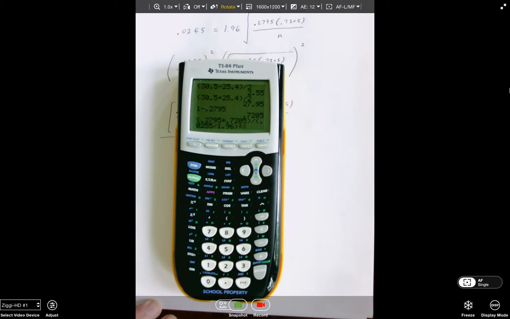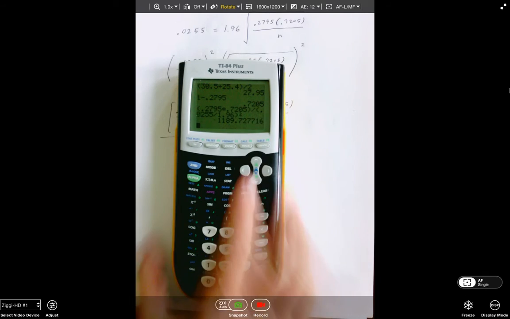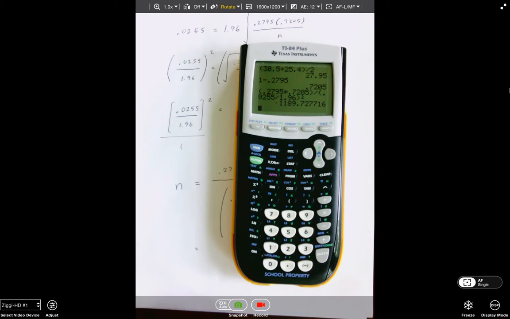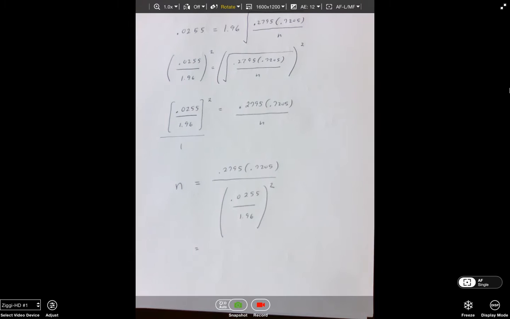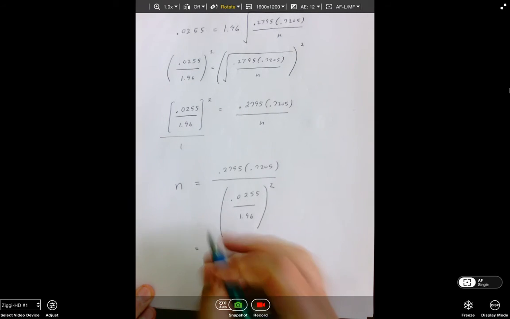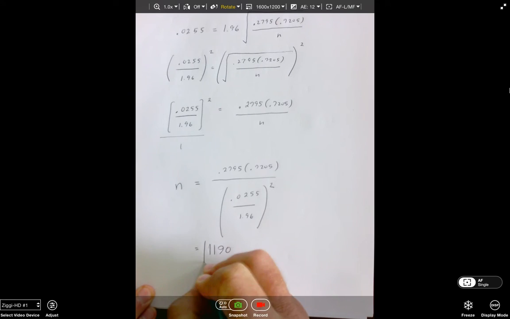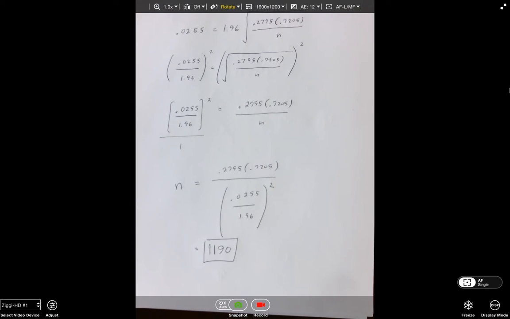You guys will need to square that. So we have 1189. Always round up. So our sample size is 1190. That's an involved problem. That's a tough problem. Takes a little bit of time, even if you're pretty good at this stuff.